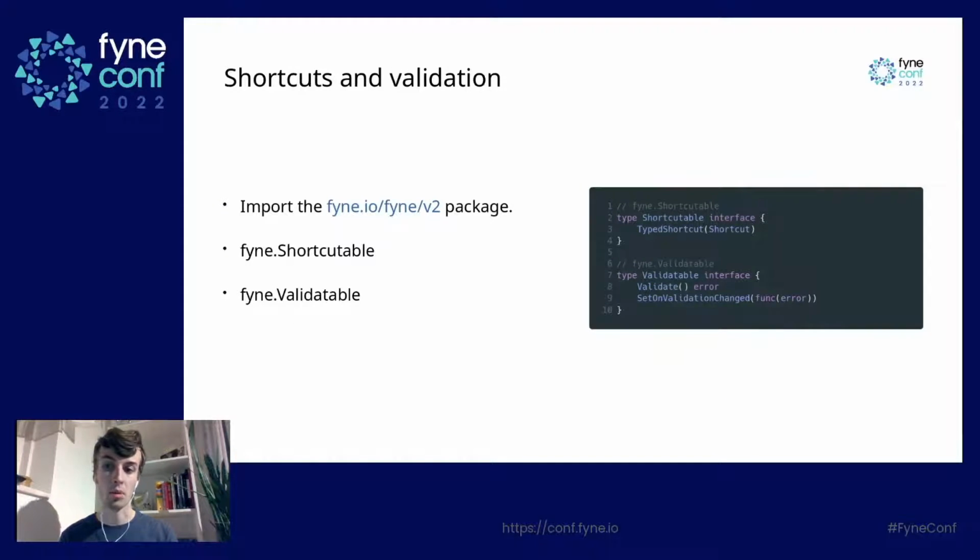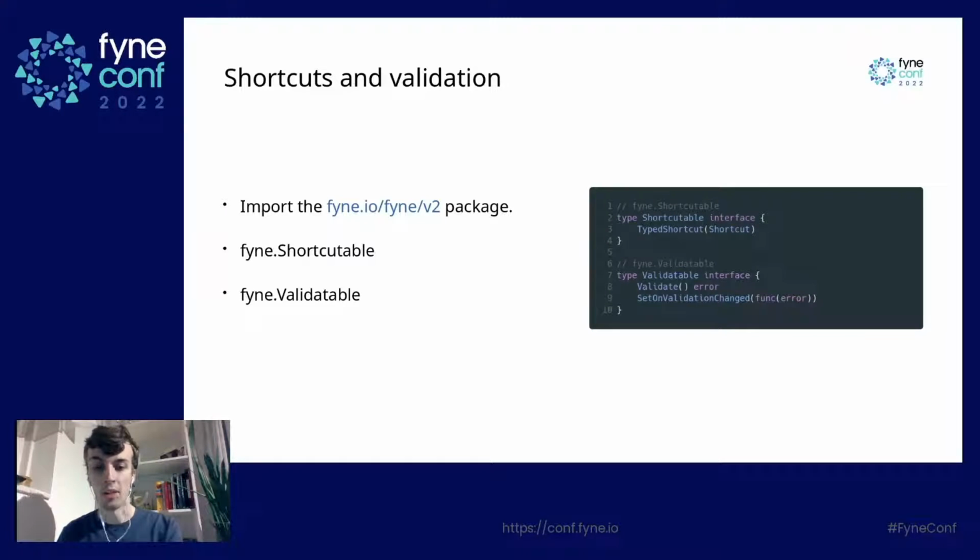And then lastly, for the interfaces within the regular Fyne package, we have the shortcuttable interface, which allows the widget to listen for shortcuts. So for example, it will be notified when you make a copy shortcut or paste and so on.